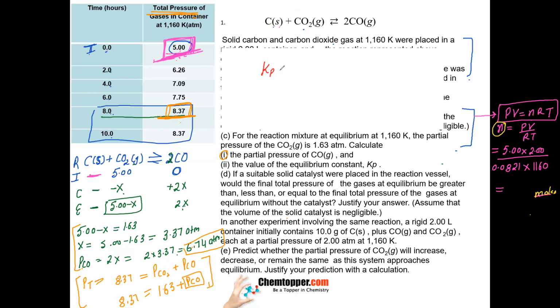Kp is partial pressure of CO raised to power 2 divided by partial pressure of CO2.